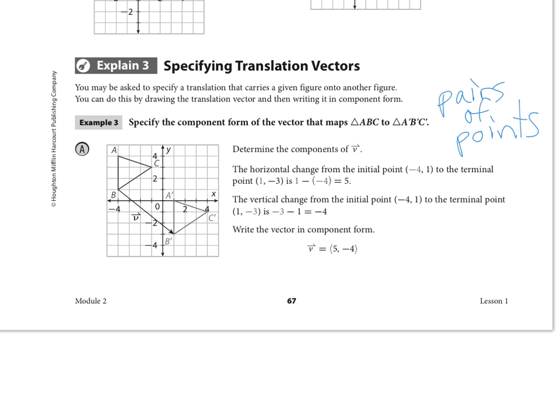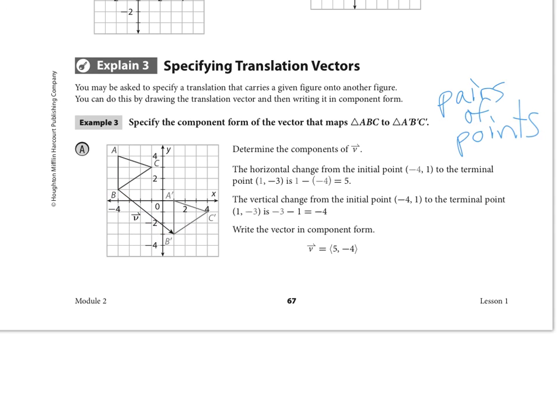Okay, so here in example 3, you can see that they've connected a pair of points, in this case B and B prime. Probably makes sense to connect the one where you're not having to draw through a figure to draw the vector in. But again, you always want to start at the pre-image, so the one without the prime notation, and draw your vector to the one with the prime notation.